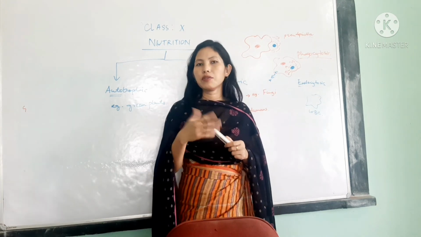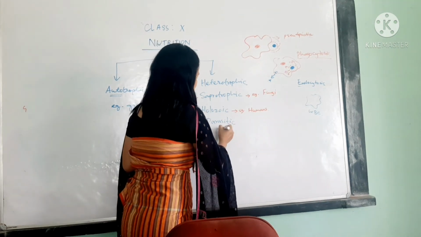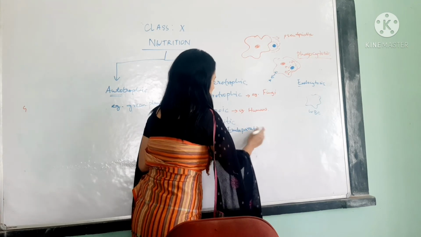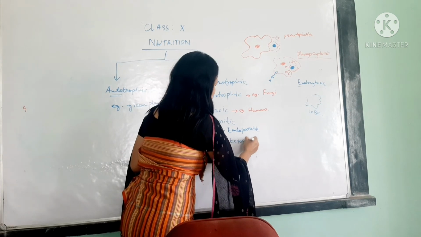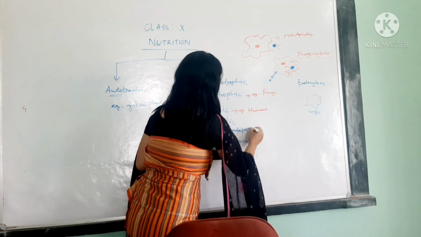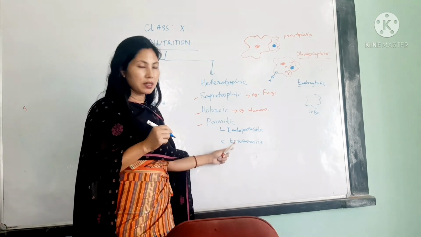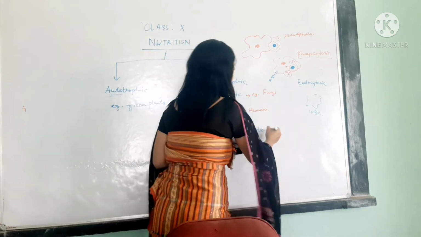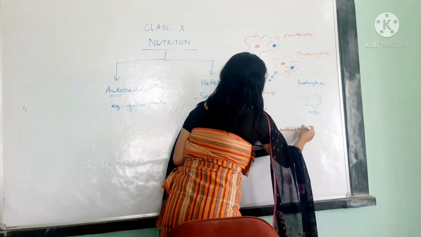So parasites can further be of two types. A parasite can be either an endoparasite or an ectoparasite. An endoparasite is one that lives inside the host body, for example the intestinal worm.